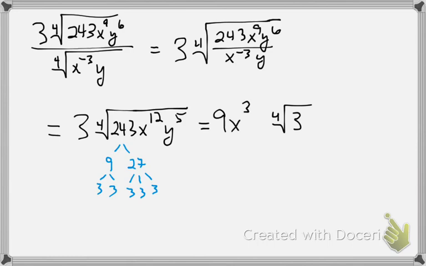X to the 3rd with nothing left. Y to the, just one y. I just have 1/4 power of it, and there's 1 extra. So 9x cubed y times the 4th root of 3y. Is that okay?